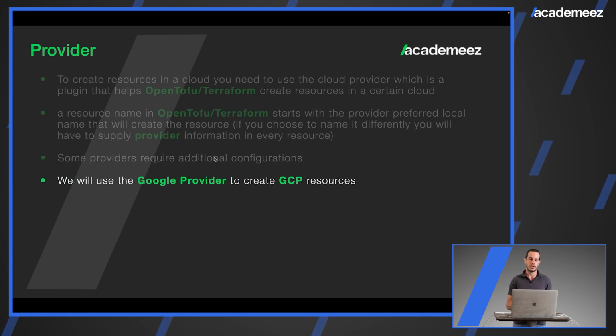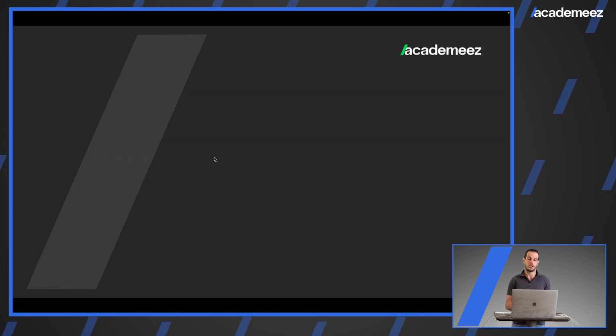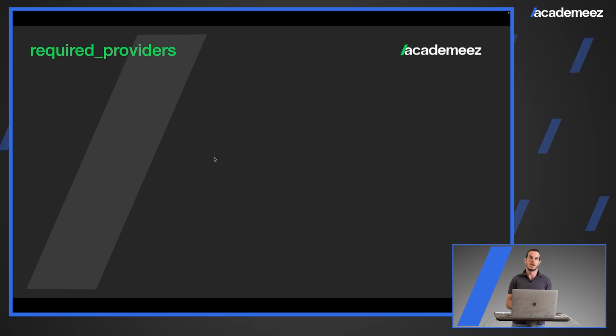We'll use the Google provider to create GCP resources. In Terraform, it is important to define the providers that you are going to use and the versions of those providers. Since we're declarative here, it is important that all team members sharing this project work with the same provider and the same version of that provider.